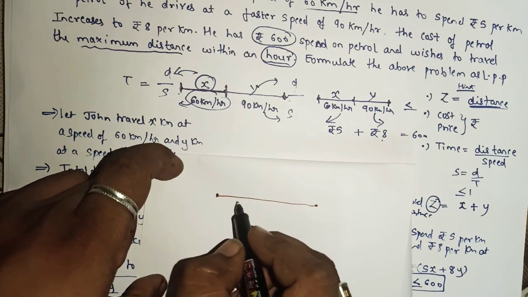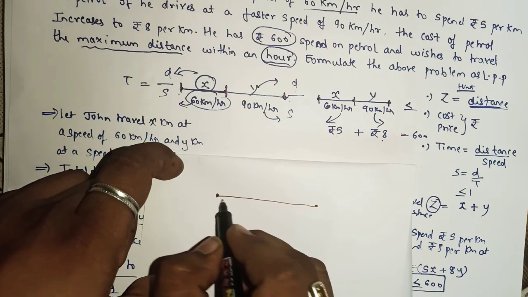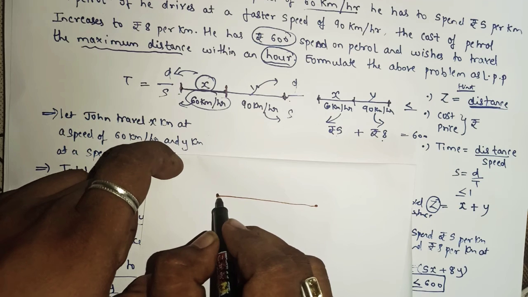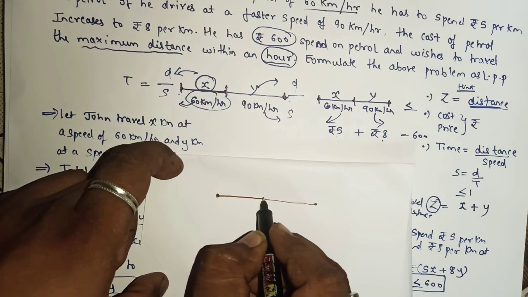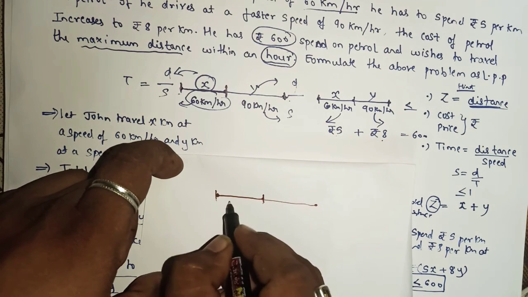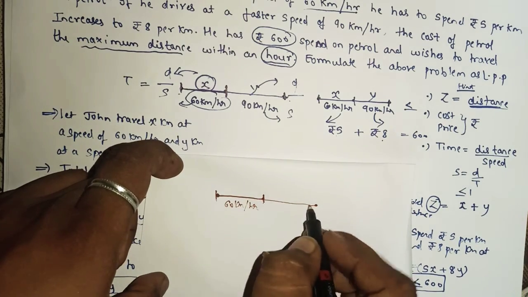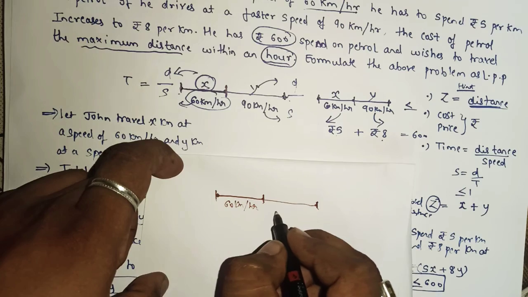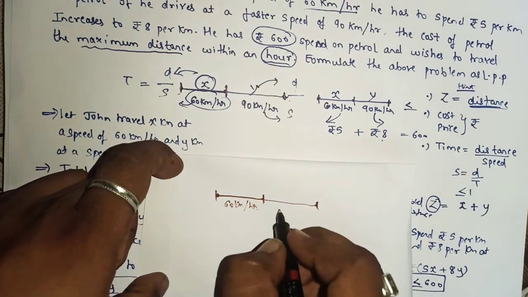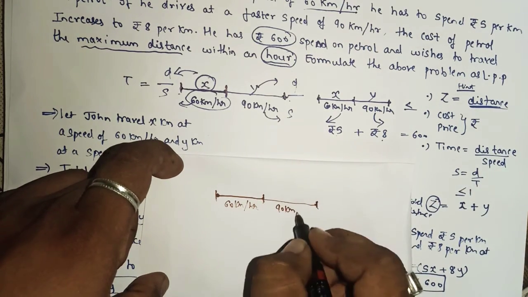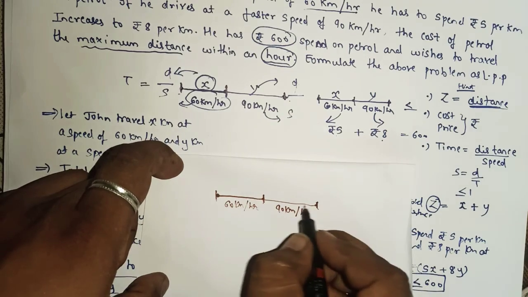He drives a car at a speed of 60 kilometer. So we'll assume that he has covered a distance from here to here at a speed of 60 kilometer per hour. And the second part, where he has increased his speed to 90 km per hour, and he had covered a certain distance from here to here.